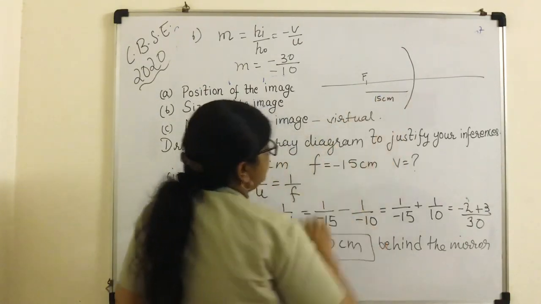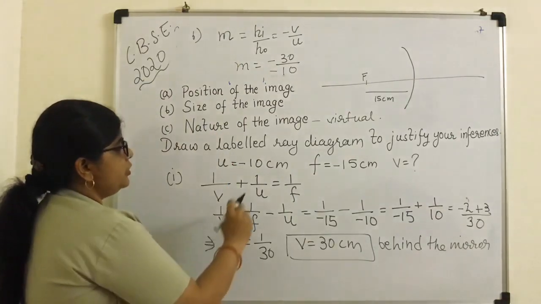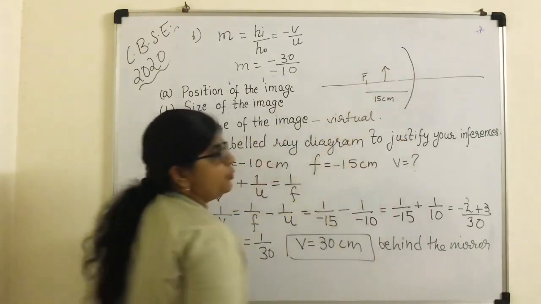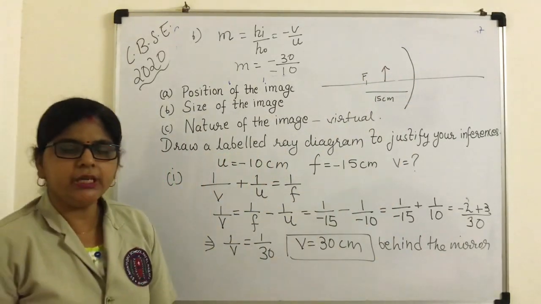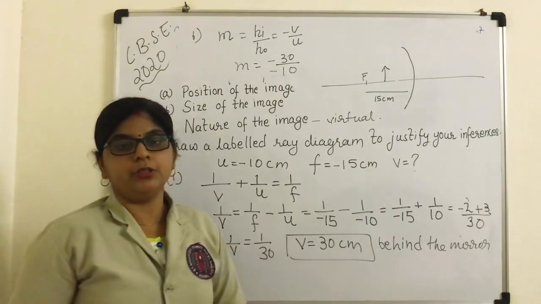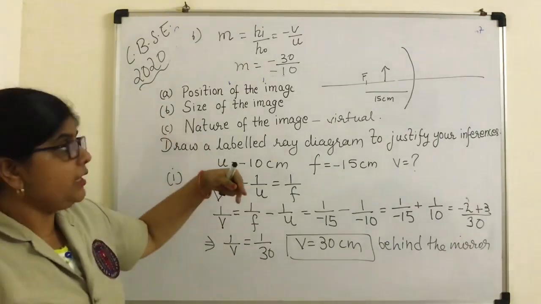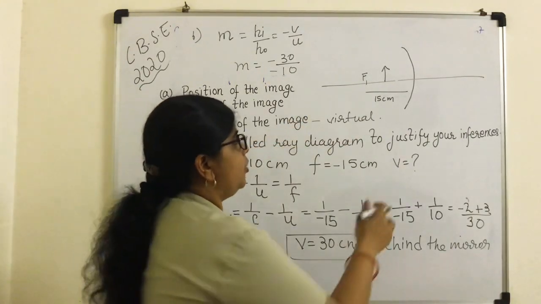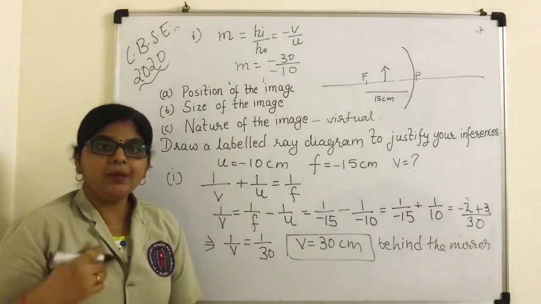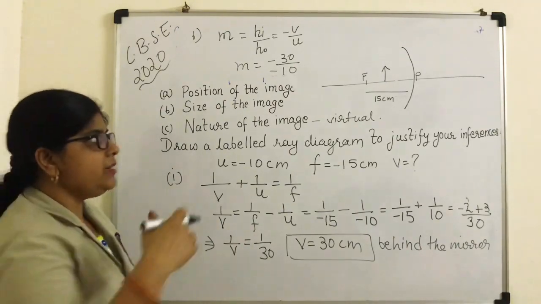And where is the object kept? Object distance u is 10, so the object is kept within the focus. So without even solving the question, you must be able to interpret the b and c parts. Because when the object is kept between the pole and the focus, the image formed is virtual, magnified, erect, and behind the mirror.